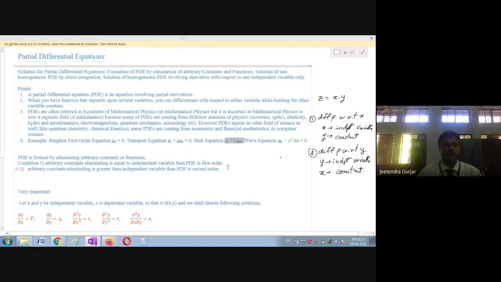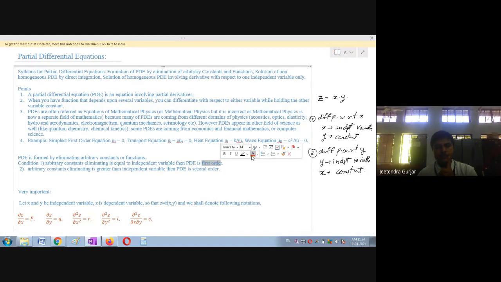Okay, so now you can see PDE is formed. How is it formed, students? PDE is formed by eliminating arbitrary constants or functions. That is the main idea of PDE. Here, there appear two conditions. Suppose the number of arbitrary constants eliminated is equal to the number of independent variables, then PDE is first order.